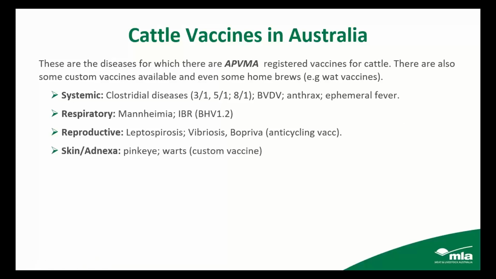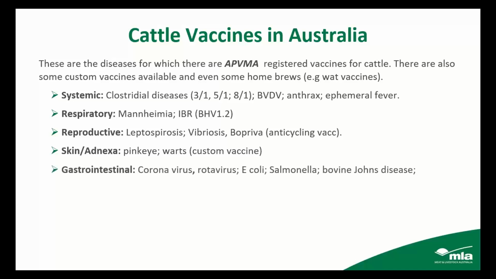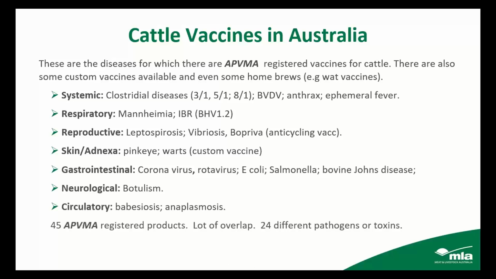Pink eye, warts, there's no commercial vaccine, but you can get custom-made vaccines for that. Gastrointestinal tract viruses and bacteria, plus of course bovine Johne's disease. Neurological botulism, which is really only a northern cattle problem. Circulatory babesiosis, again, a tick-associated problem, babesiosis and anaplasmosis.